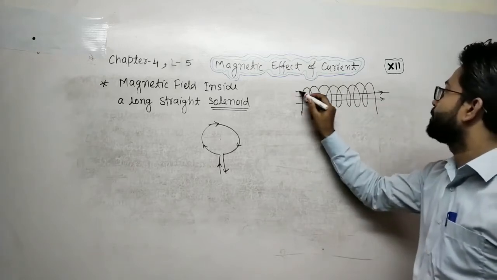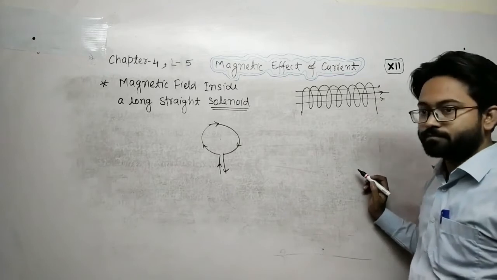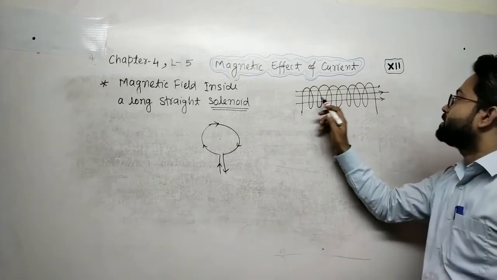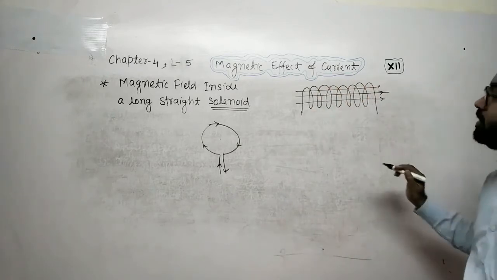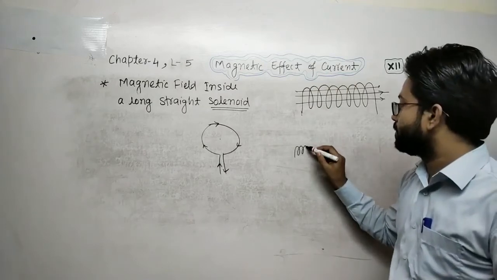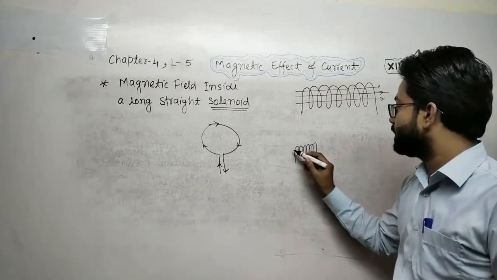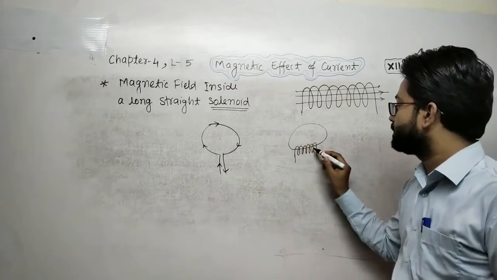That means the magnetic field inside the solenoid is in this direction, and in a simple way you can say that the magnetic field is like that.